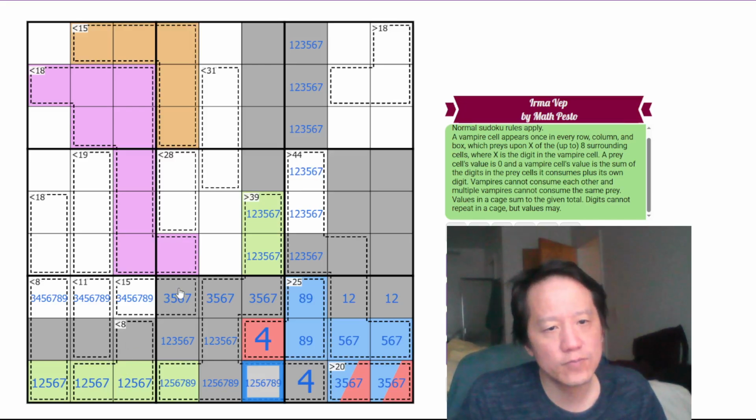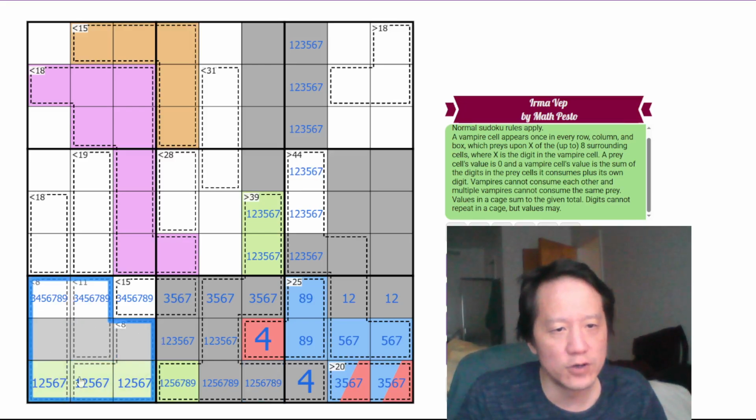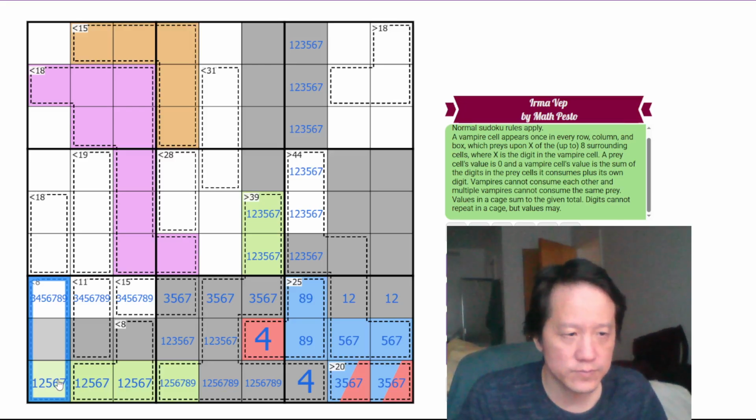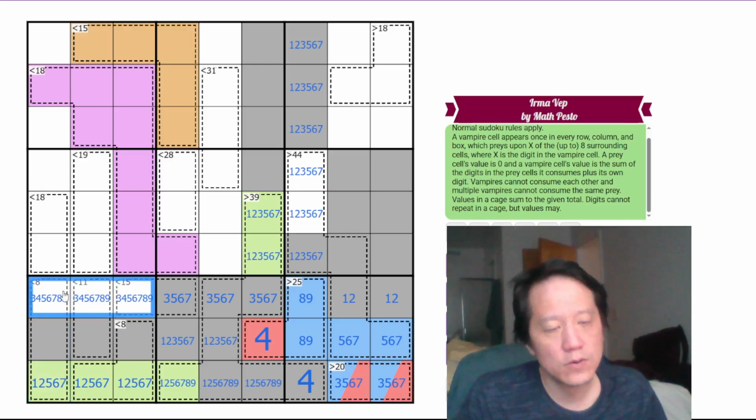Interesting. What is the sum of all these numbers? It has to be 7 plus 7, plus 7 plus 7 plus 10.